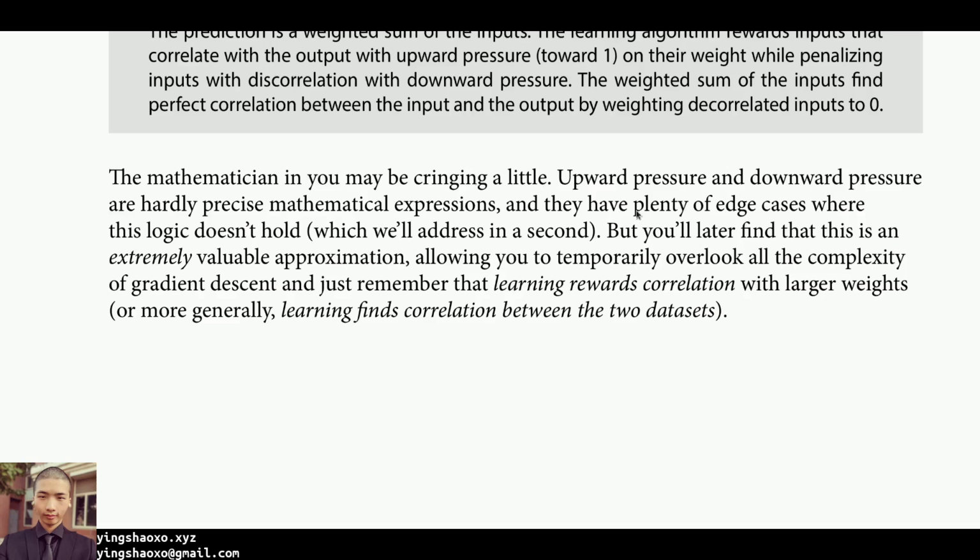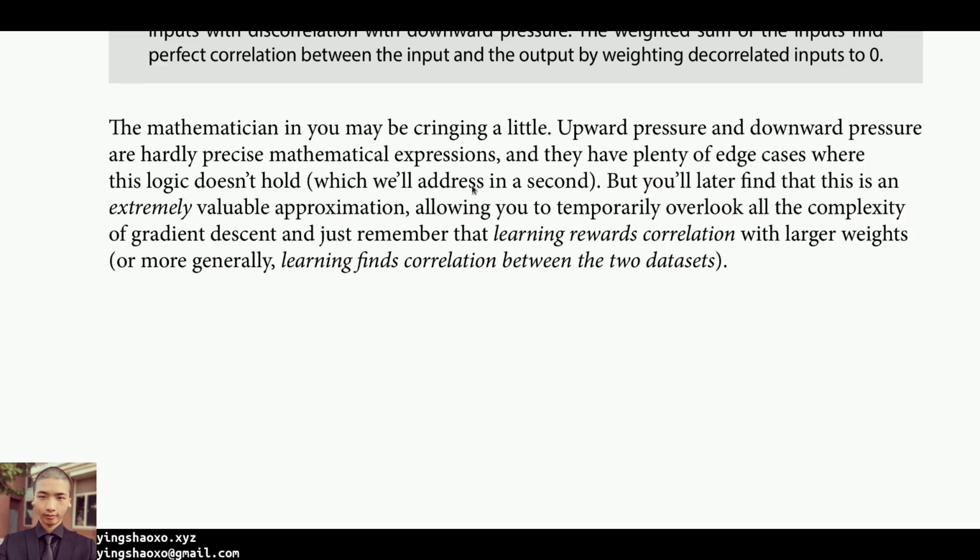Upward pressure and downward pressure are hardly precise mathematical expressions, and they have plenty of edge cases where this logic doesn't hold, which we will address in a second. But you'll later find that this is an extremely valuable approximation, allowing you to temporarily overlook all the complexity of gradient descent and just remember that learning rewards correlation with large weights, and more generally, learning finds correlation between the two datasets.